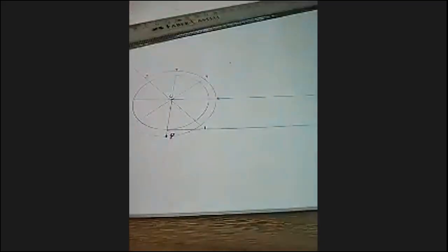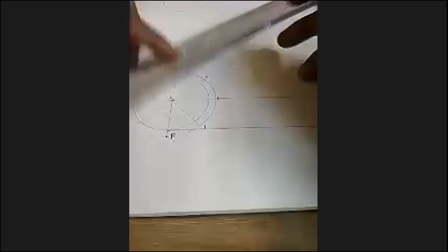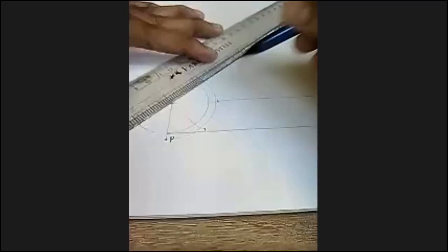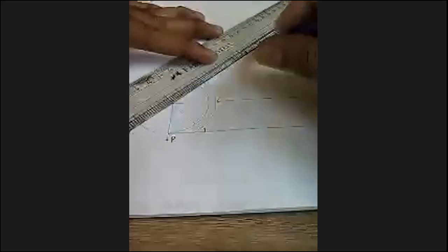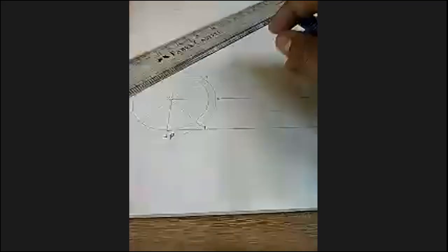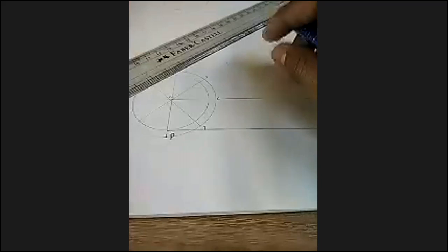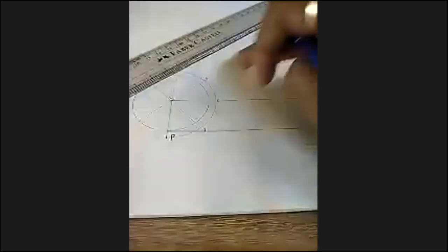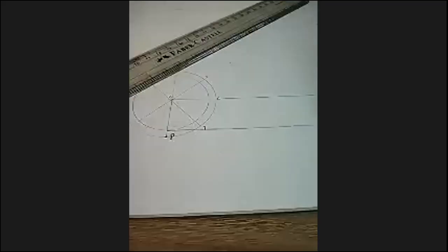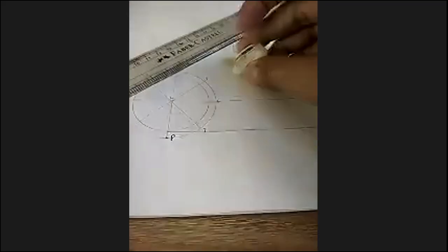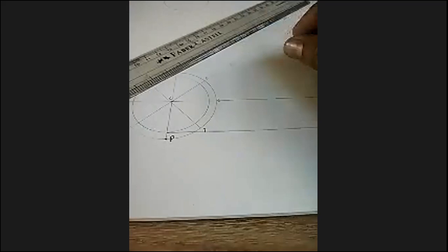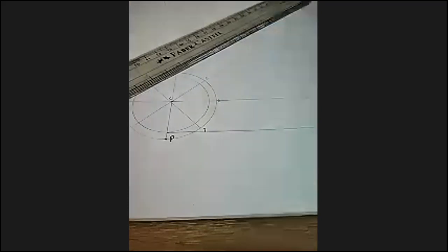You do it in your notebook. I will do it in my sketch. So we need 8 equal parts. Sir, can we also take the distance from P to 1 and mark arcs with the same distance, so it will be divided into 8 equal parts?